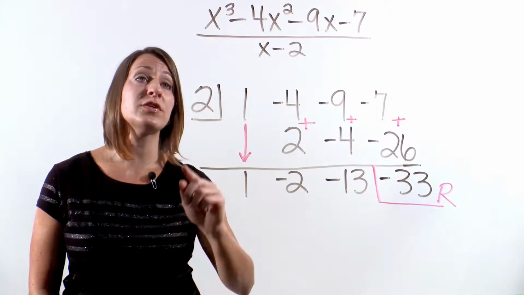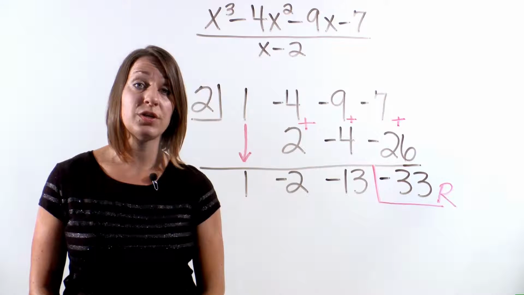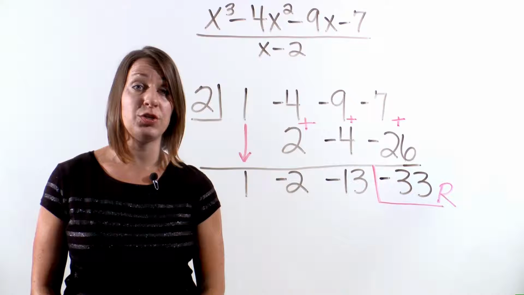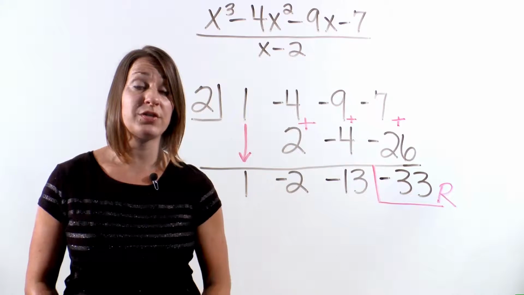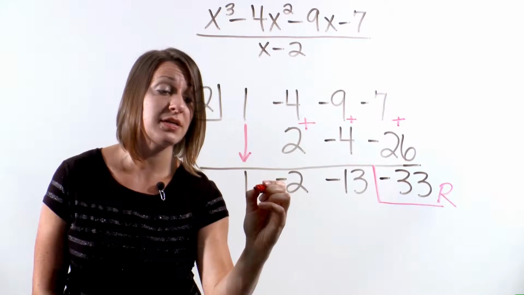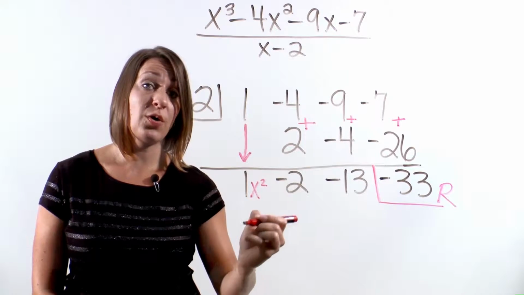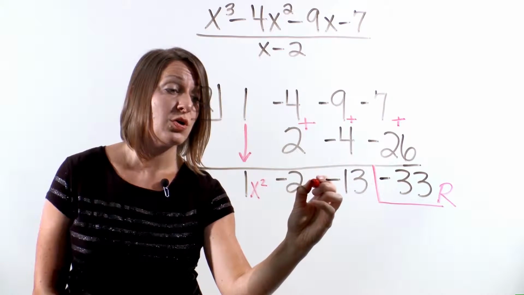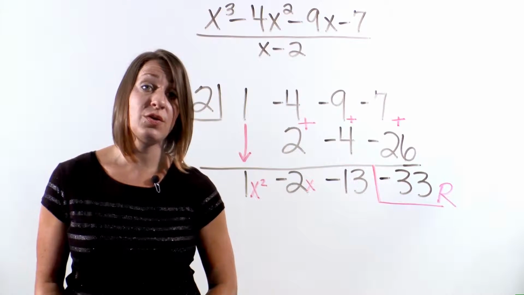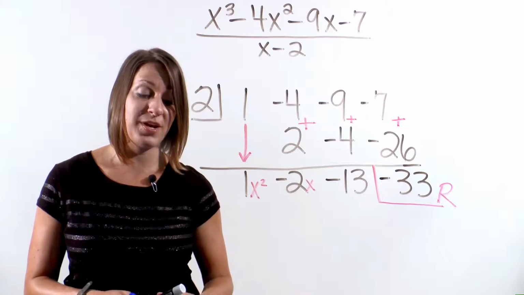Since in our original problem the highest degree was an x cubed, our answer will start 1 less than the x cubed, which is the x squared term. So we will assign the coefficient of 1 to be our x squared term. The coefficient negative 2 will be our x term, and the negative 13 will be our constant. And of course, the negative 33 is our remainder.